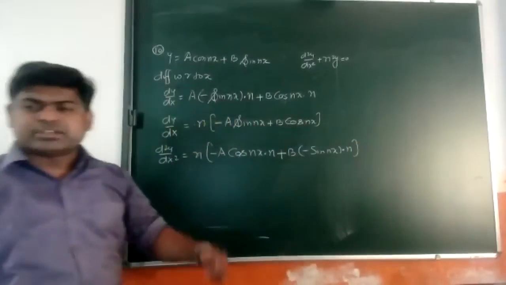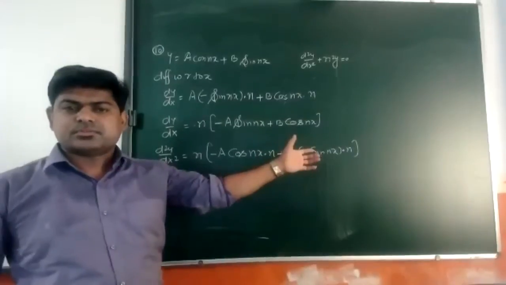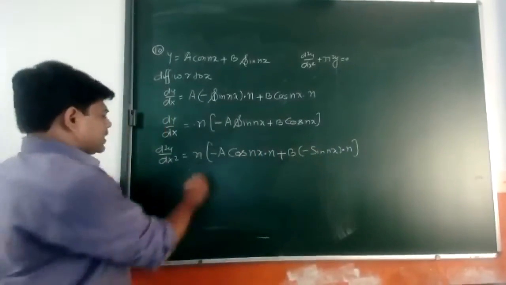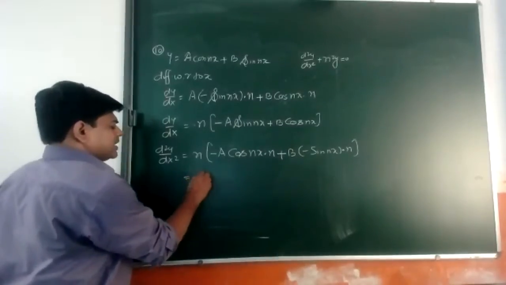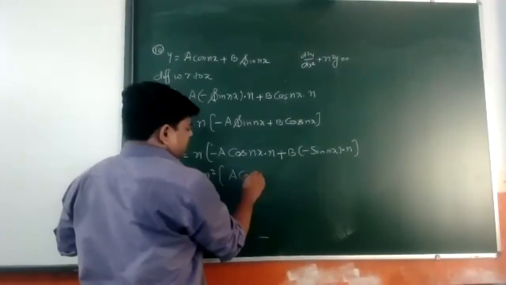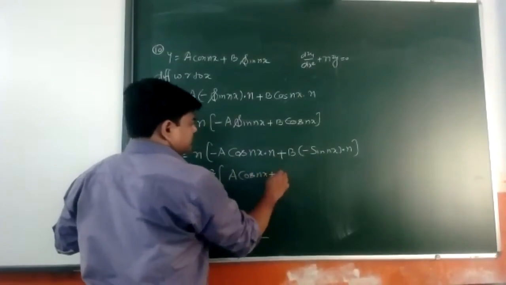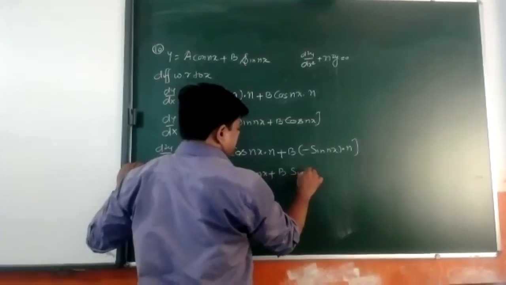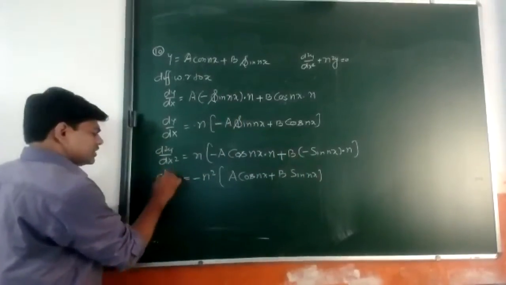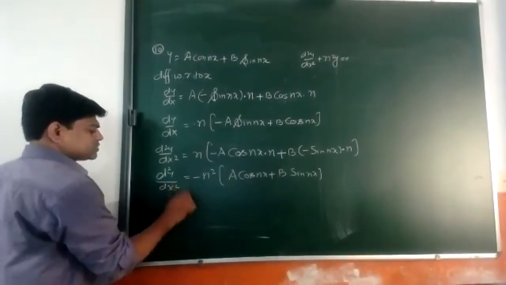Now again, you can see n is common in both, and minus is also common in both. So I can take minus n common, so it will be minus n square inside bracket a cos nx plus b sin nx.